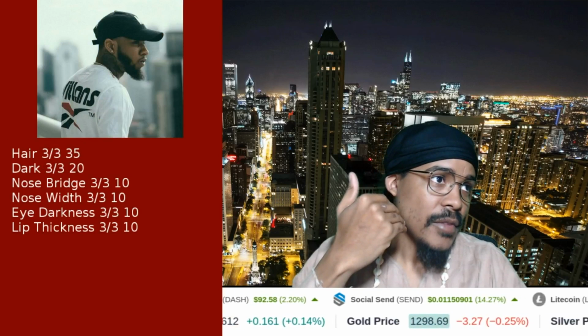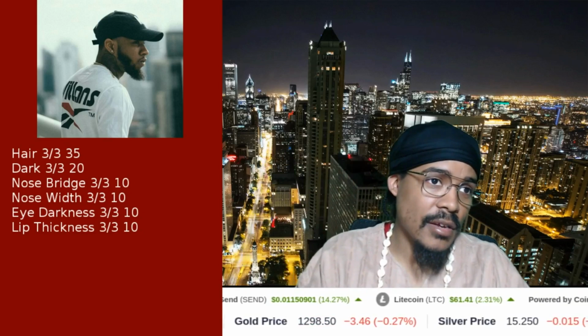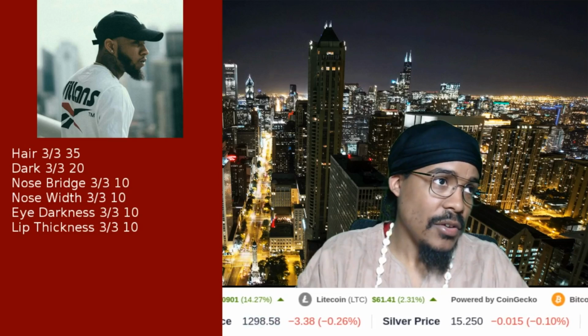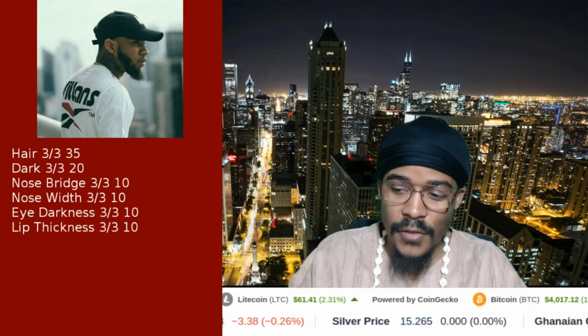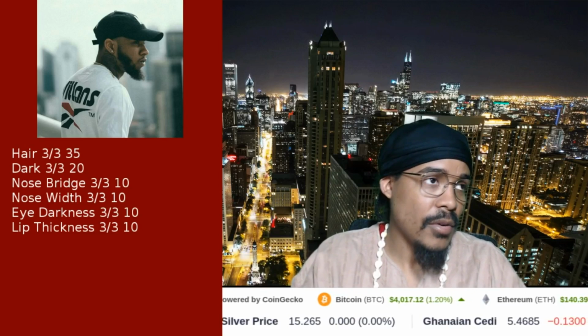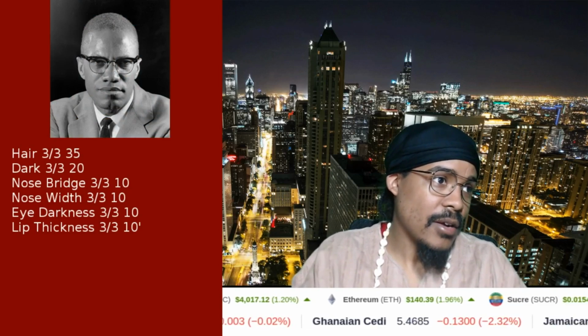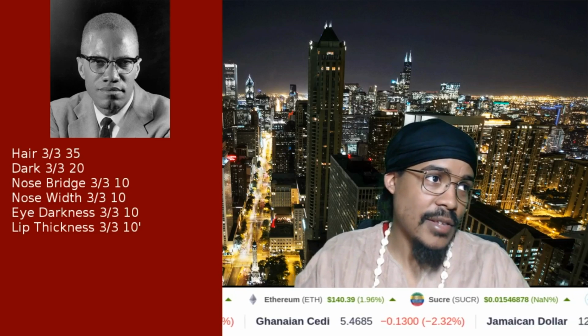Okay. So level 3, Tory Lanez, Canadian singer. You look at him, he has fully formed black lips. Level 3 black lips. He would get the 30 points in there. Next, Minister Malcolm X, our black shining prince.